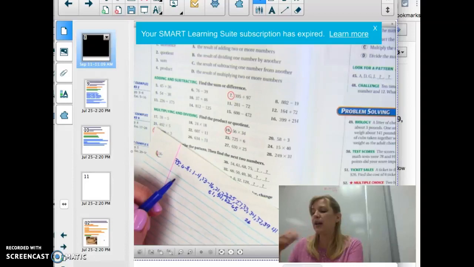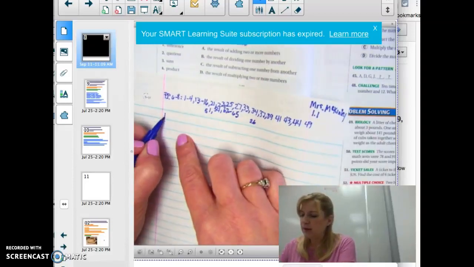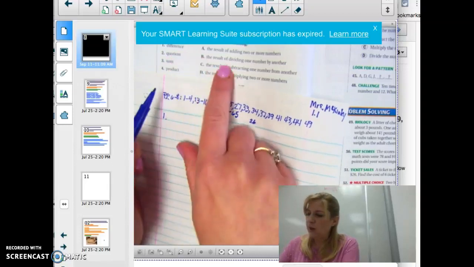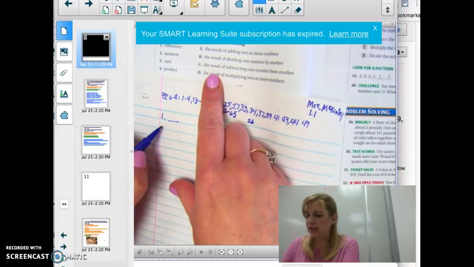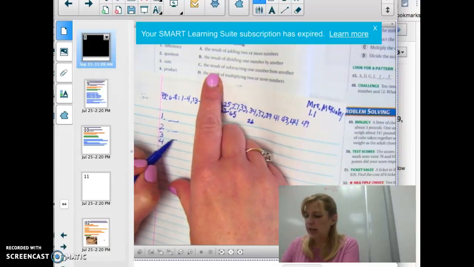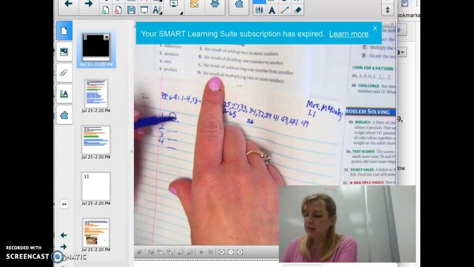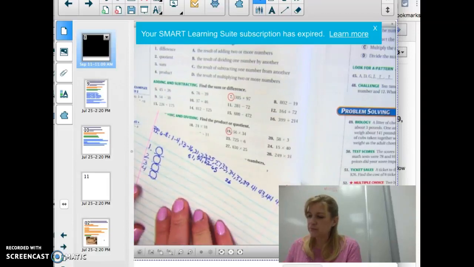You start with number 1, and so you write number 1 on your paper. It says difference. What is the definition of difference? So you will select A, B, C, or D for 1, 2, 3, and 4. So you're going to put your answer down. A lot of times these don't require you showing work, so you would circle A, B, C, or D.